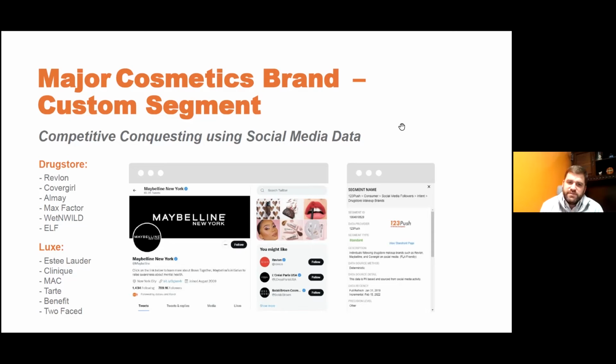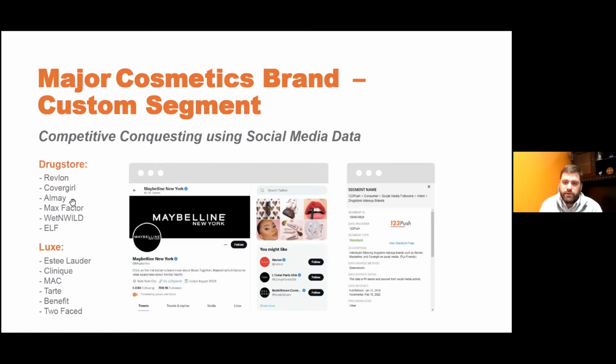So, just another custom segment, but to stay with this major cosmetics brand, what they know is their competitors fall into one of these three categories. So we've got the drugstore category, the luxury category. What we allow for with syndicated audiences is a grouping of these deterministic followers, meaning where we know the public handle and have it associated with offline PII, at the group level of competing brands.